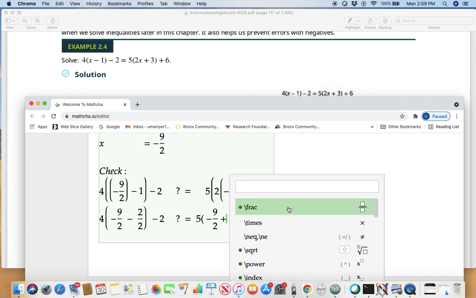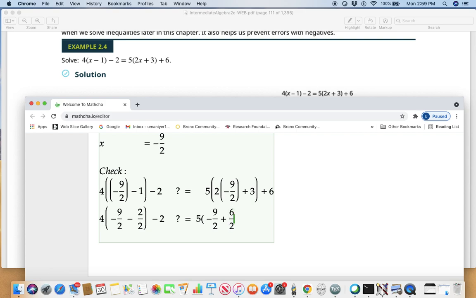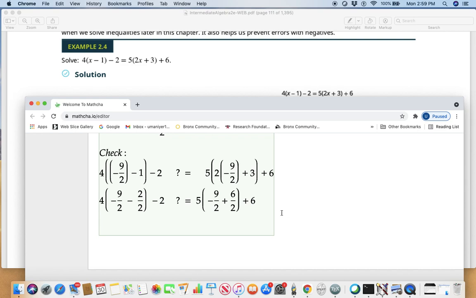I need common denominator, so that's a 6 over 2. Alright, so far so good. 4 times, well, you have common denominator, fraction is 2, negative and more negative, that's a negative, and that's 11.